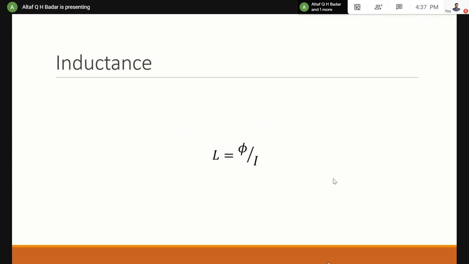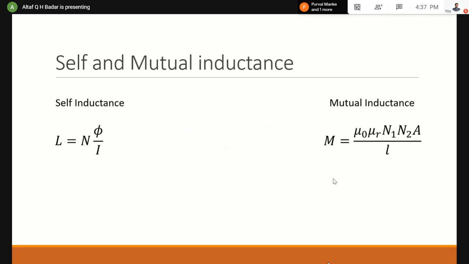Usually this is not the only formula that we have. So for self-inductance, we go for this particular formula: L is equal to N phi by I. Again, this is inductance because of the inductor itself, and it is dependent on the number of turns of the inductor, then the flux induced and the current flowing.